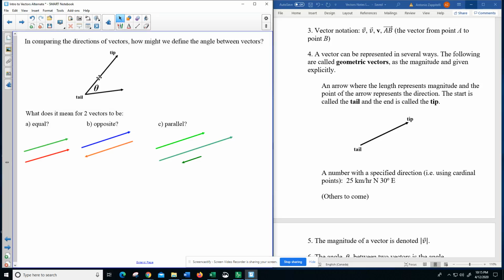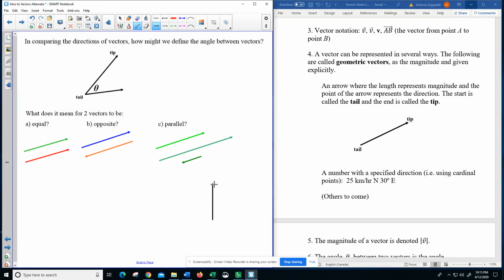So we'd like something that defines vectors in a more numerical way. And this is where we have an alternate description of a vector, where we give an explicit magnitude. So in this case here, if it's a velocity vector, so 25 kilometers per hour, and then we specify a direction using the cardinal points, north, south, east, west.